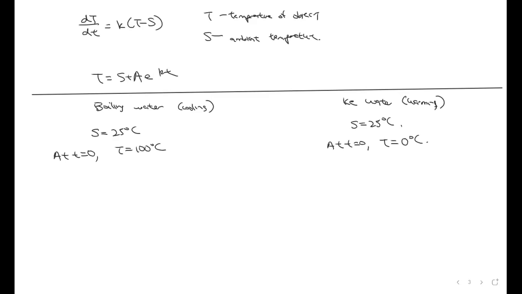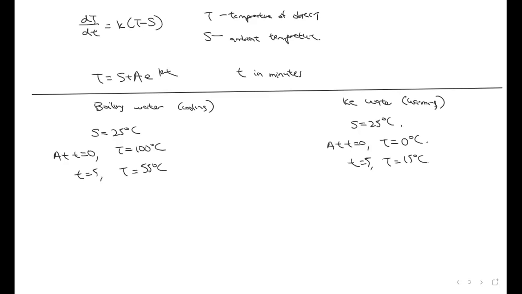Now, you're also told that after 5 minutes, if we assume t is in minutes, then at t equals 5 this has fallen to 55 degrees Celsius, and at t equals 5 this has risen to 15 degrees Celsius. So this is all the information we have.